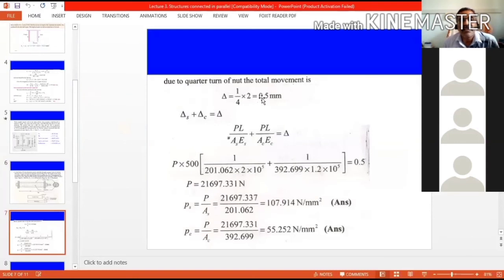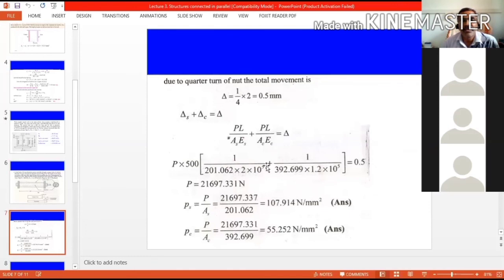Delta S is the extension of the steel bolt. Delta C is the compression of the copper tube. Delta S plus delta C is equal to delta. For that, you write a relation PL by AE. Here PS is equal to PC, so directly P is used.